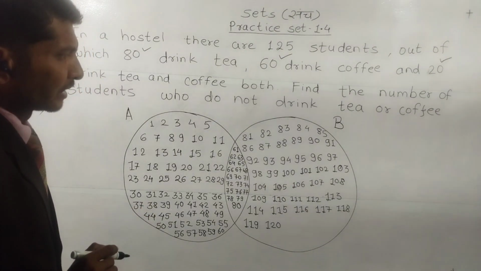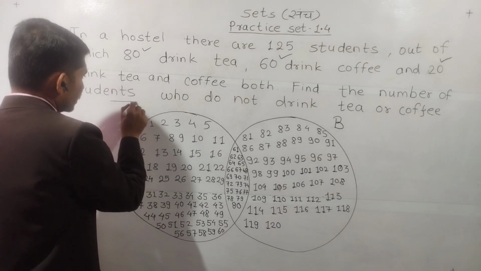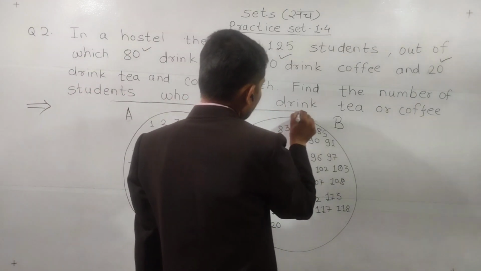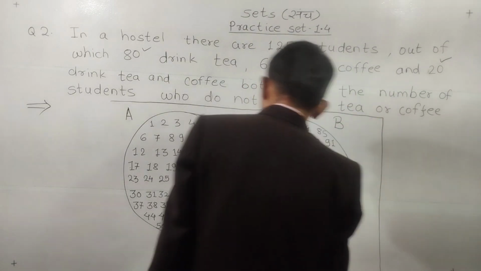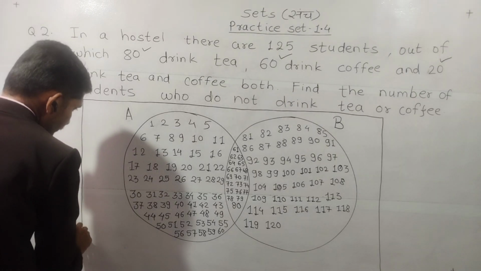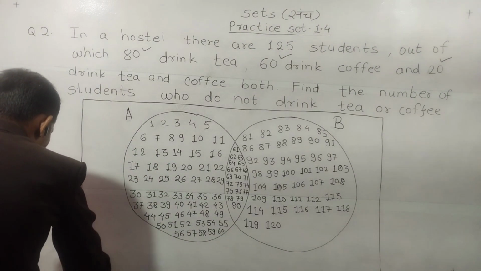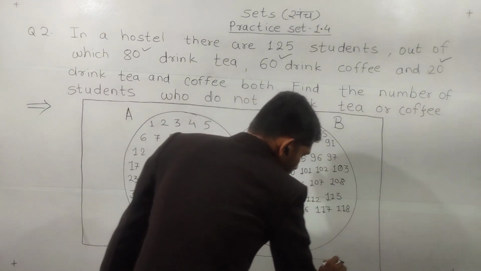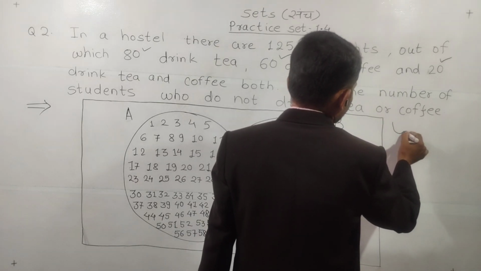So we can say that the universal set, the set of the number of students living in the hostel, is nothing but the universal set. So we will draw here the universal set. This is the universal set.